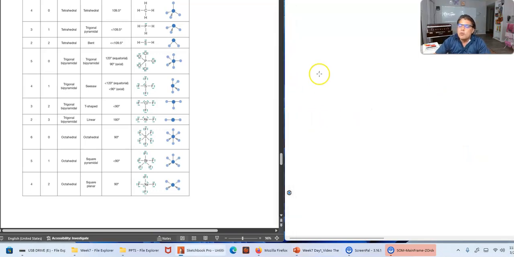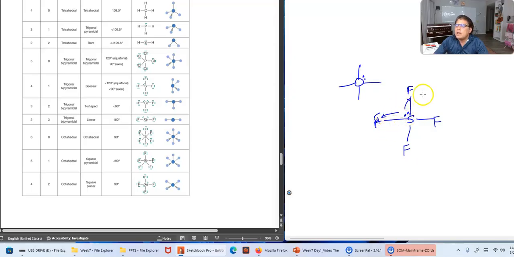Now let's say the bonded groups are 4. For example, 1, 2, 3, 4 bonded groups and 1 lone pair is here. So then it is trigonal bipyramidal, and seesaw is the molecular geometry. For example, SF4, it is also F, also F, also F. See, 4 bonded groups, but you have 1 electron pair also here, which means this electron pair will repel that also, right, and they will also repel.